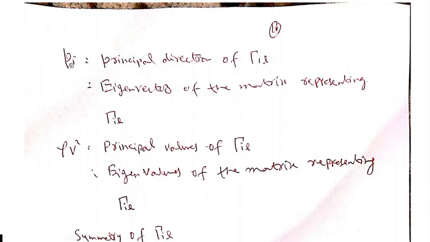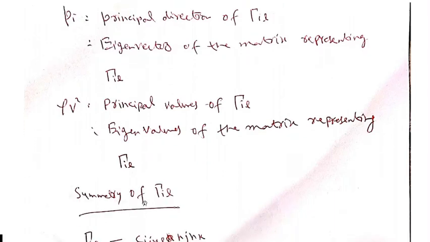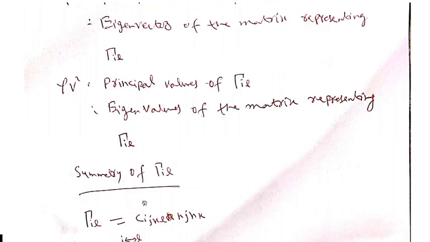These are the eigenvectors and eigenvalues of the matrix representing this gamma_il. In further study, we will make use of this tensor to study the waves in isotropic and anisotropic material.